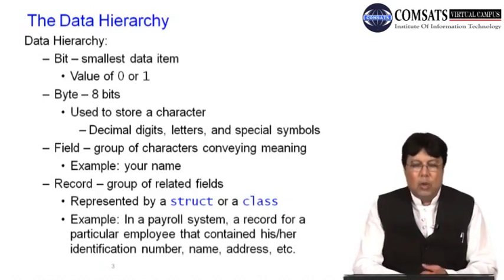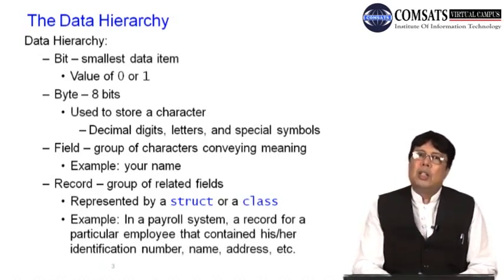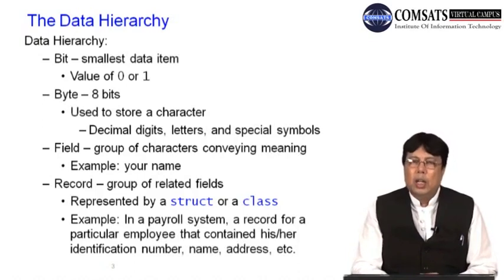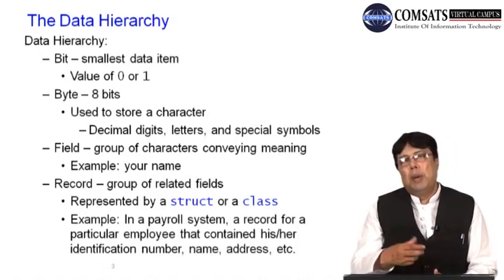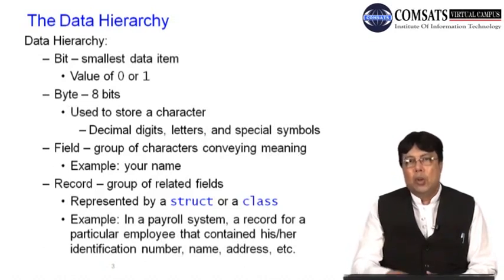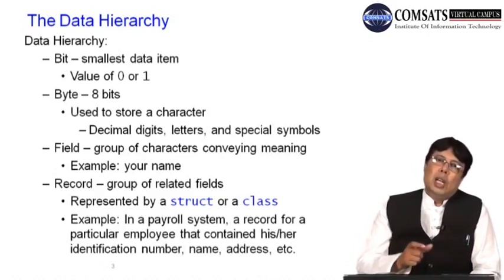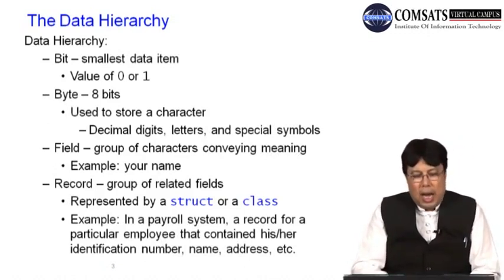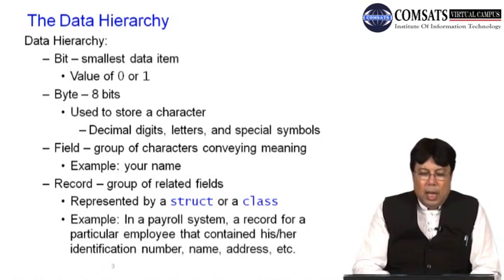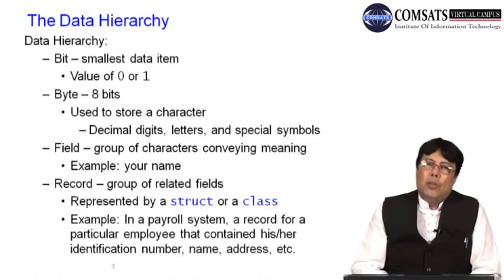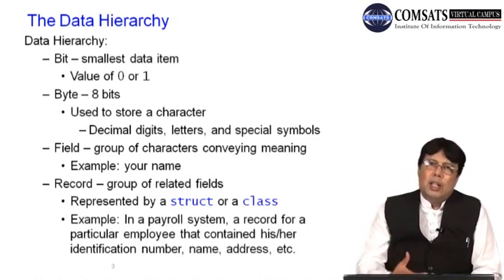For example, your name, your national ID number, your telephone number, your bank account number, your balance, and your salary. When we consider these, each entity can be considered a field. Then we have a combination of related fields.